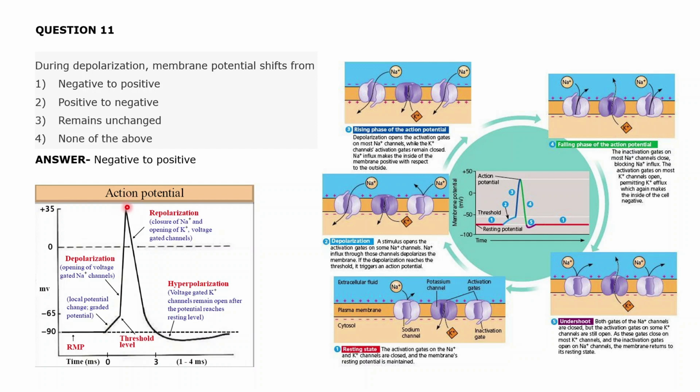Then afterwards, once the signal has reached this threshold, it starts to die down. This particular stage is called repolarization. In this repolarization, the channels that were earlier open were sodium channels, right? So the sodium channel closes up and then the potassium channel opens up.